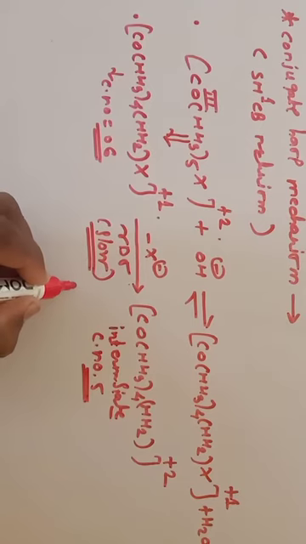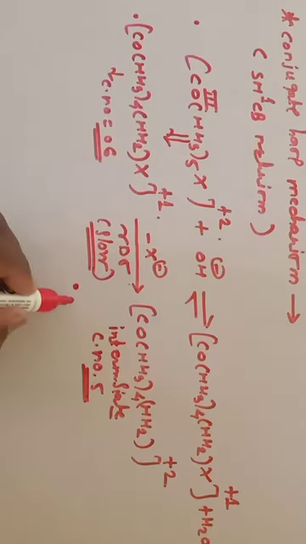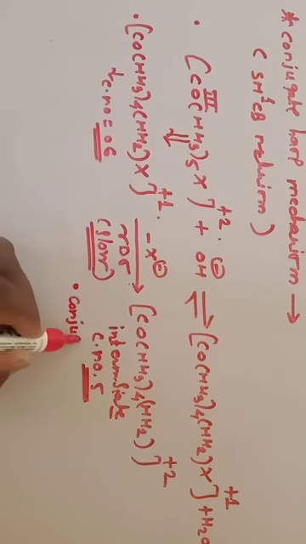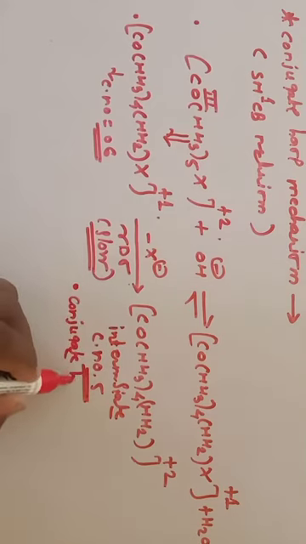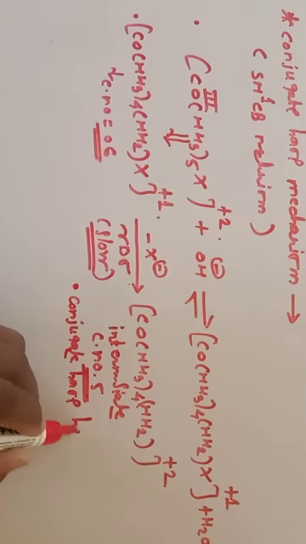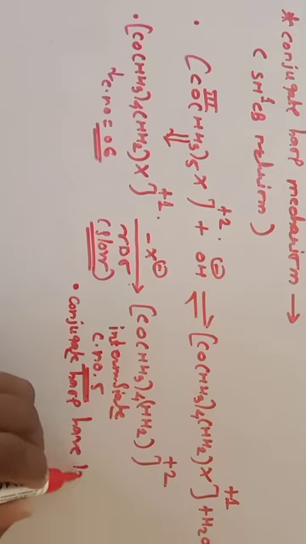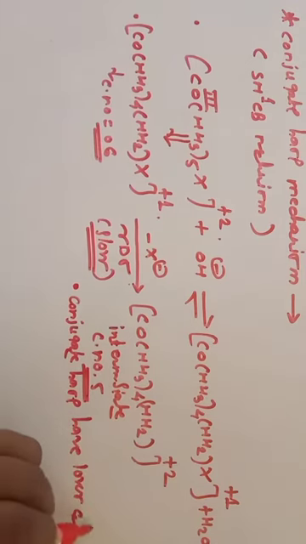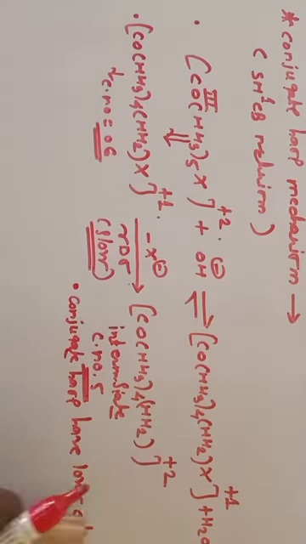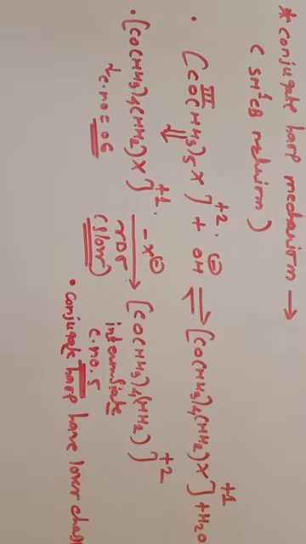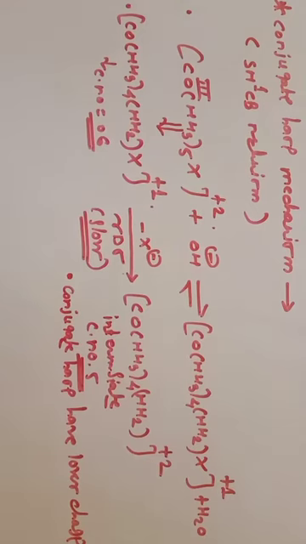So there are two reasons. One reason is that the conjugate base has lower charge, and therefore the rate of ligand dissociation is much higher.